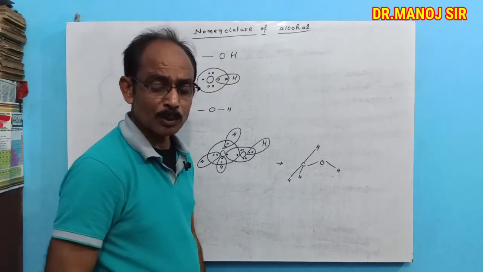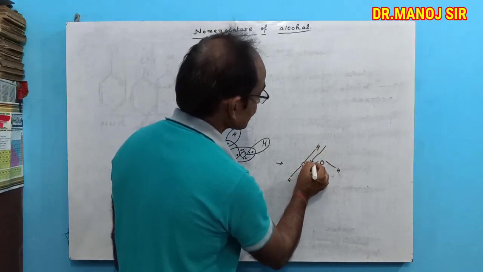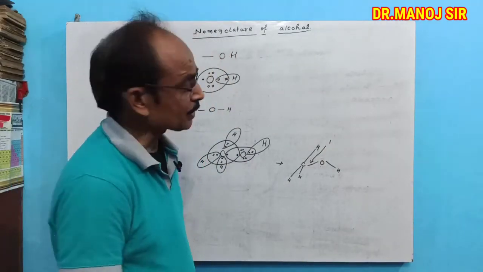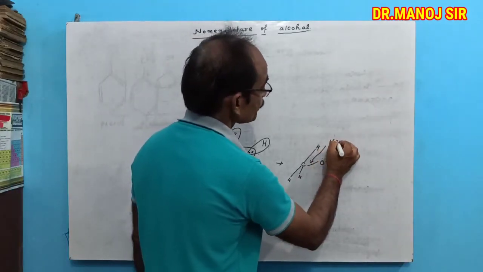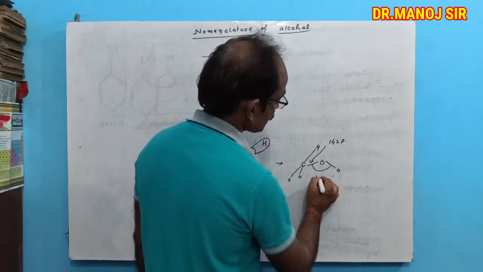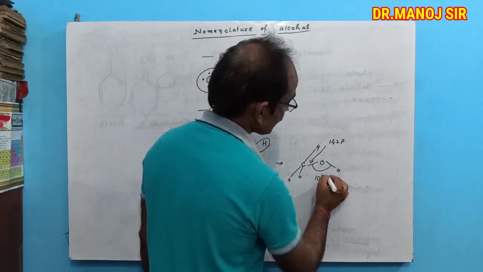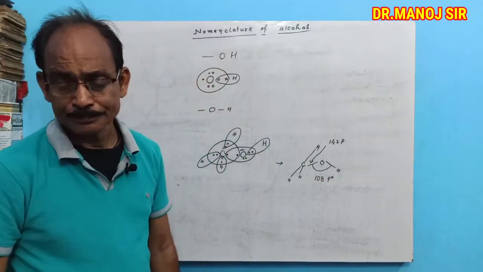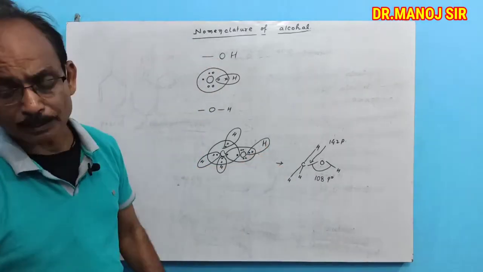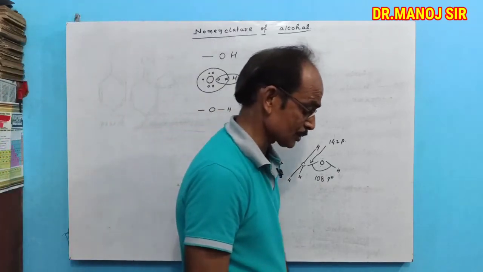Their bond length is 142 pm, and bond angle is 108.9 degrees. In this way, the bonding plays its role between carbon and oxygen.